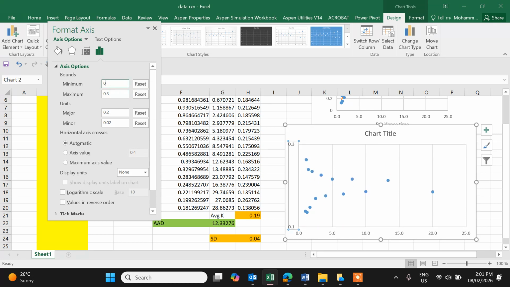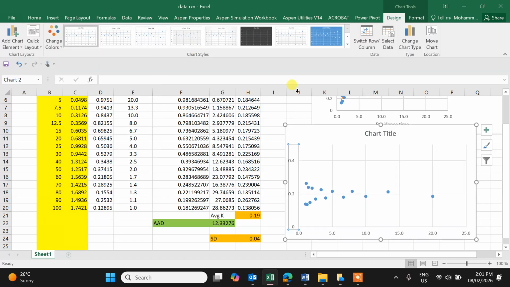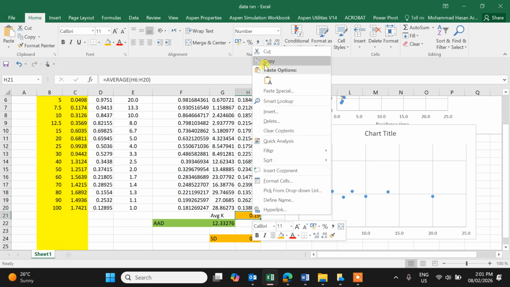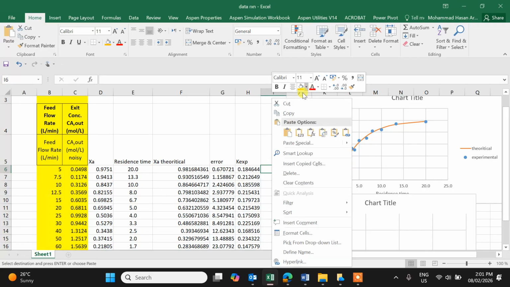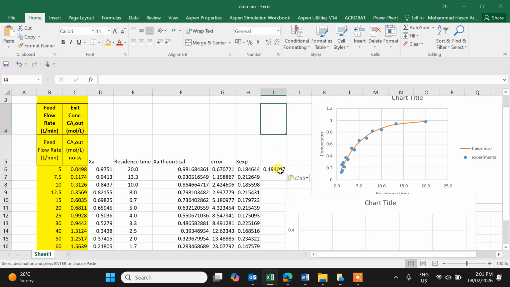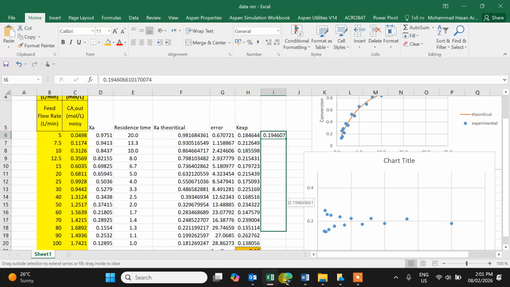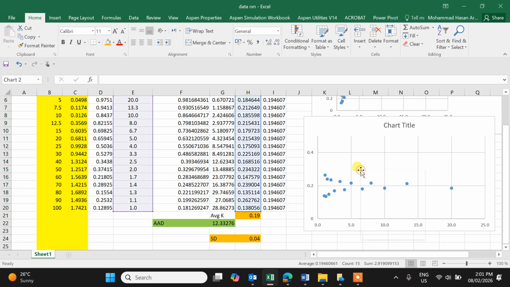So 0 and then maybe 0.5. So you can see that they are almost close to each other. So what we can do, we can plot the average. Put the average here, one value.